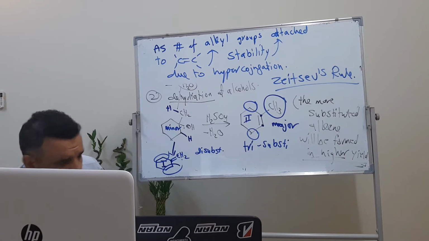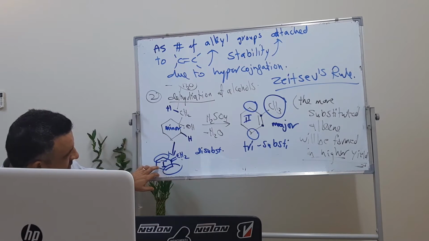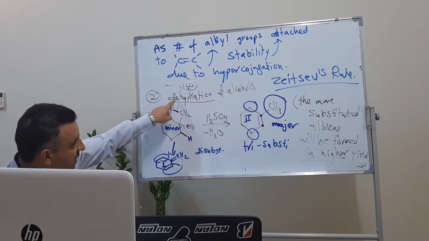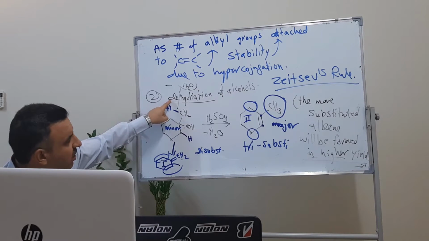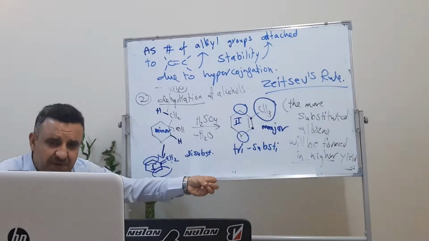Would you please repeat your question? In the minor structure, yes. Because it's dehydration, do you see here? This is a method for preparation of alkenes. It's called dehydration of alcohols, which means we will have an elimination reaction. We remove a hydrogen from another carbon.